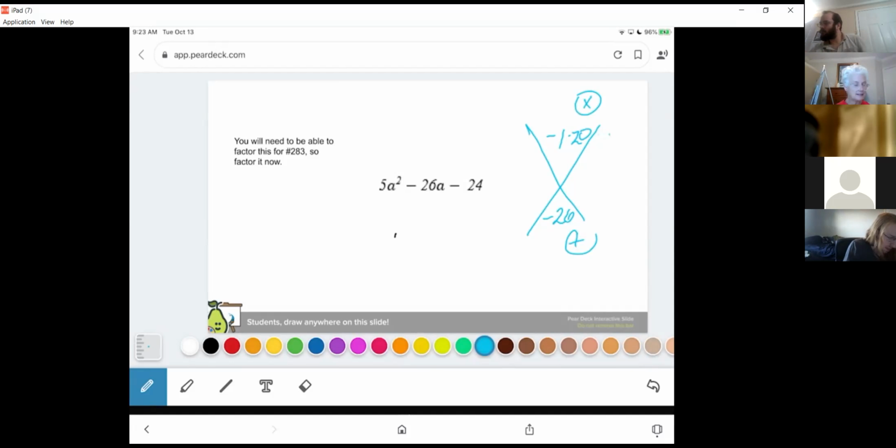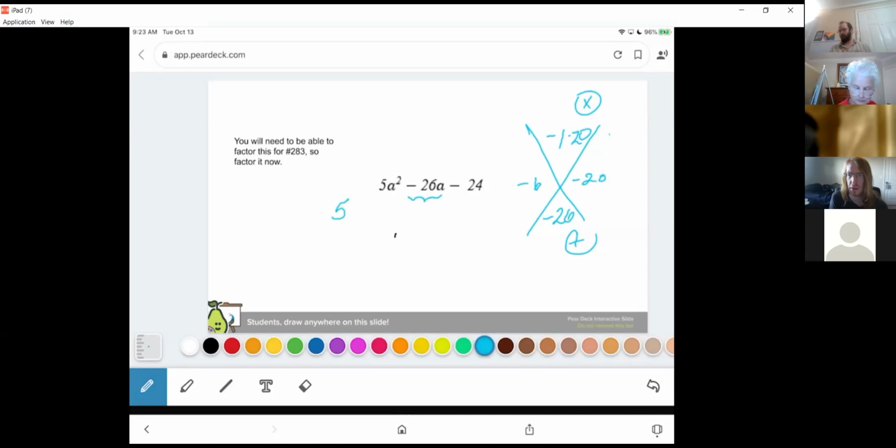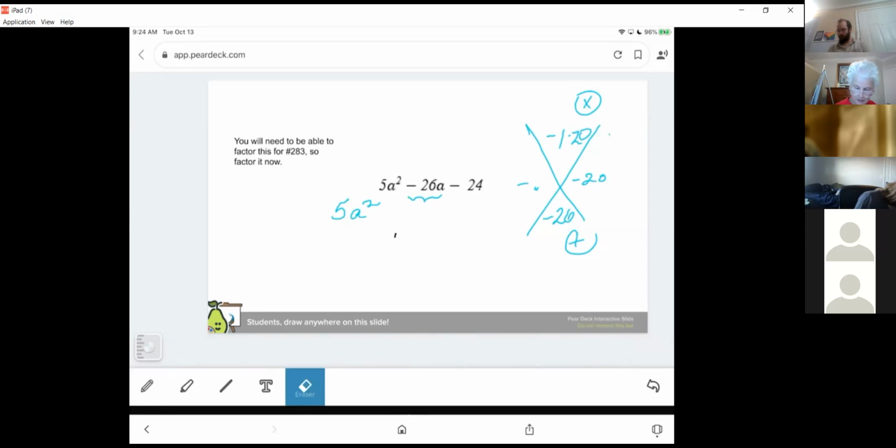So it would be negative 6 and negative 20, right? That would be positive 120 though. I got 4 and negative 30. Oh, it would be positive 120. Yes, 4 and negative 30.